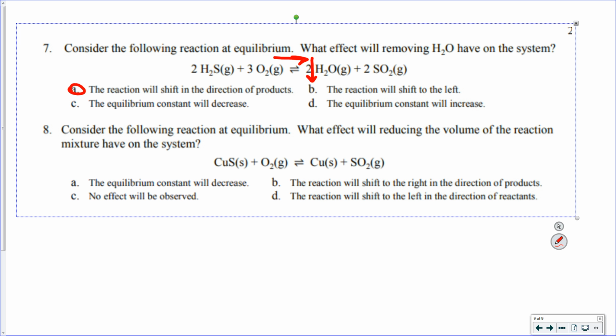No effect. Okay, why do you think no effect? Equal number of moles. Yeah, so the solids don't appear, they don't influence it. We're concerned about only the gases. I've got 1 mole of gas on this side, 1 mole of gas on this side. When it's equal moles, there's no difference, there's no effect. So yeah, choice C.